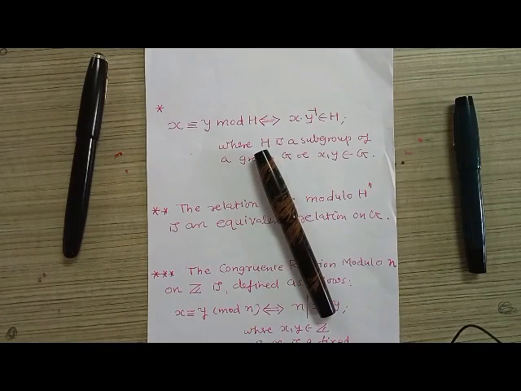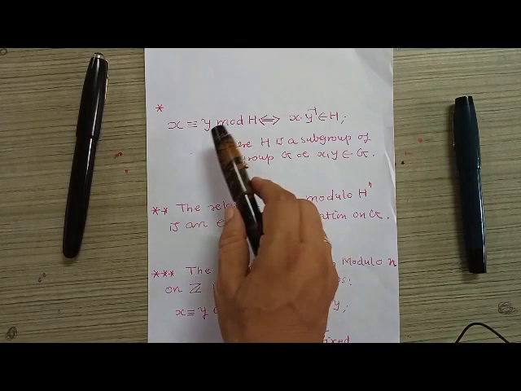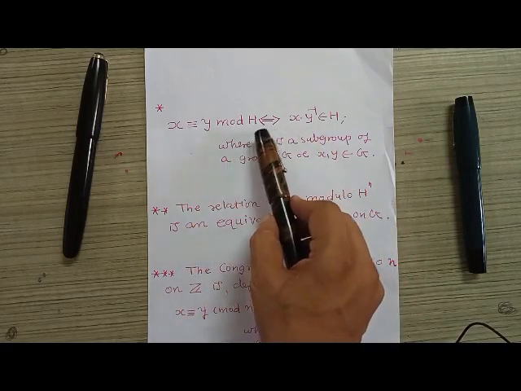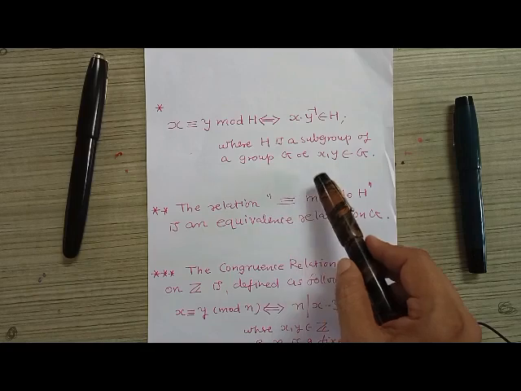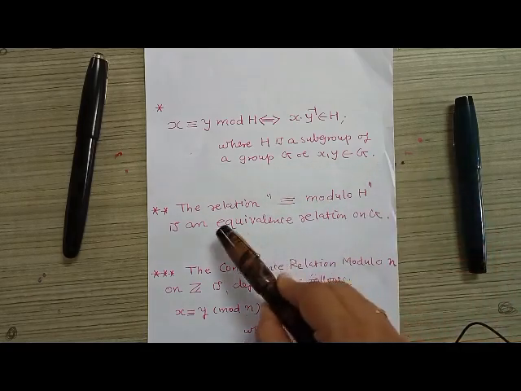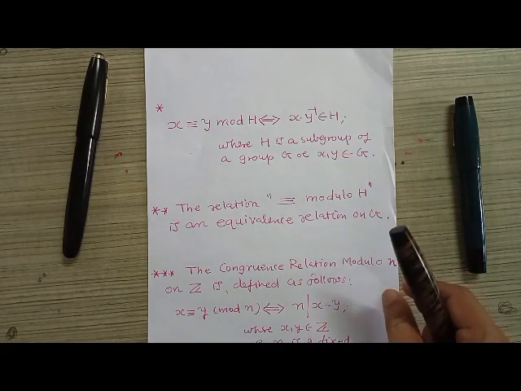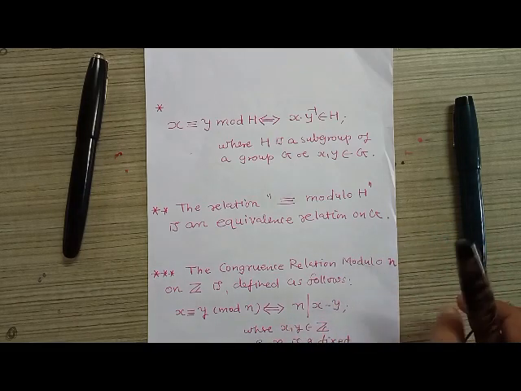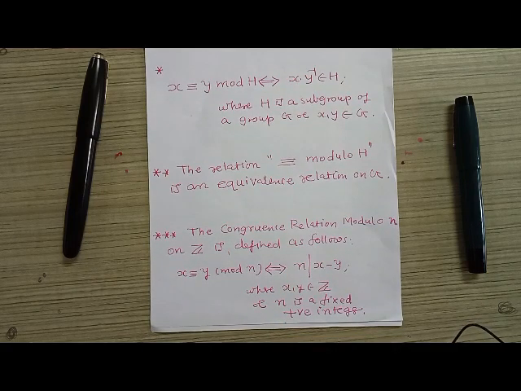Thank you. Our third session of MTH 501 group theory. We have discussed the definition of congruence relation in a group: X is congruent to Y modulo H if and only if X Y inverse belongs to H, where H is a subgroup of a group G and X, Y are members of G. The relation congruence modulo H is an equivalence relation on G. The congruence relation modulo n on the set of integers is defined as X is congruent to Y modulo n if and only if n divides X minus Y, where X, Y are integers and n is a fixed positive integer.